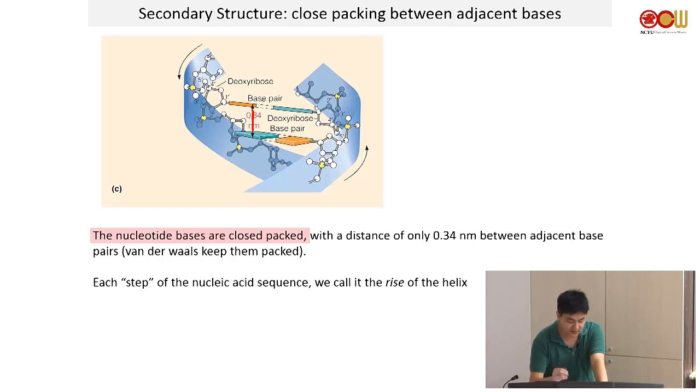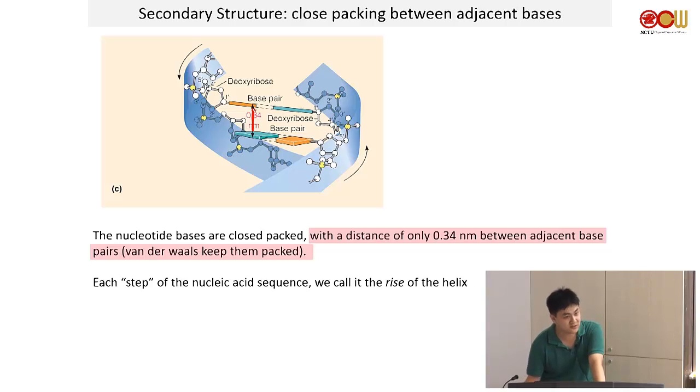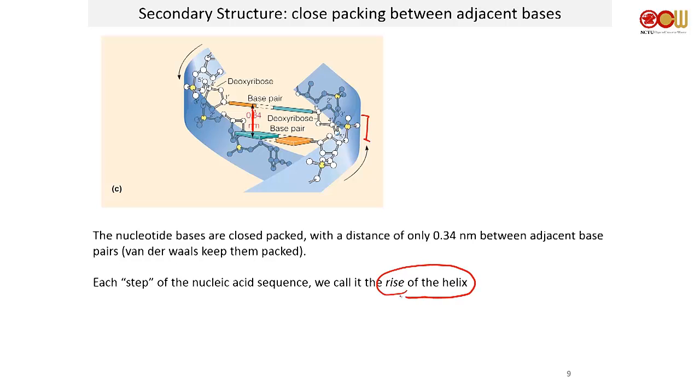This distance is about 0.34 nanometers, or 3.4 angstrom, which is quite small. The van der Waals interactions keep them together, and every time you increase by one base, this is called the rise of the helix.